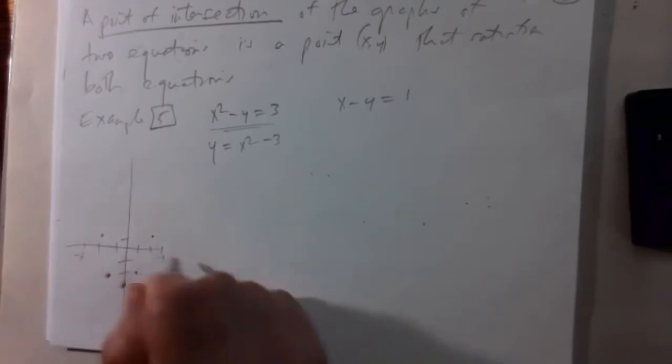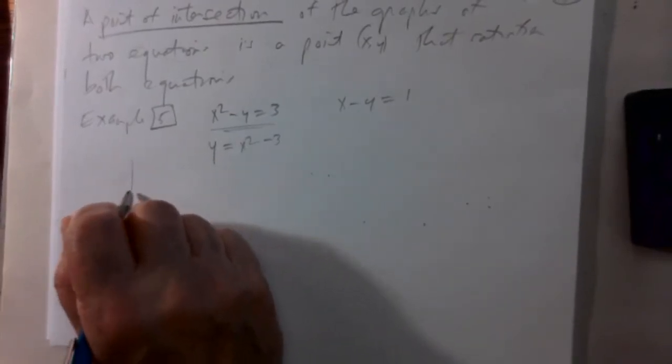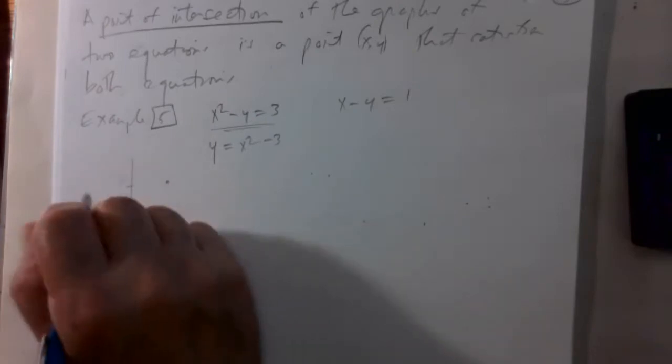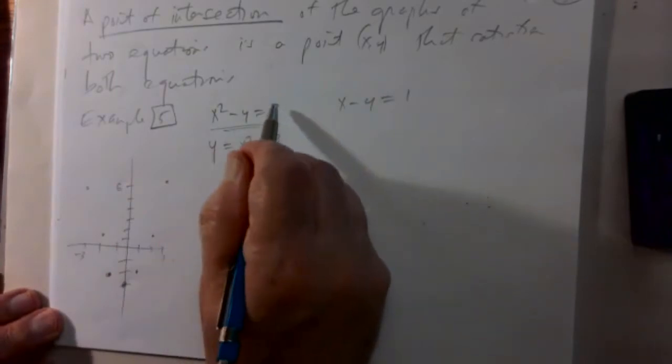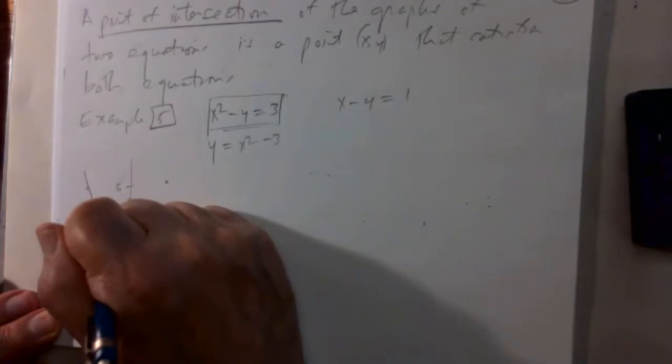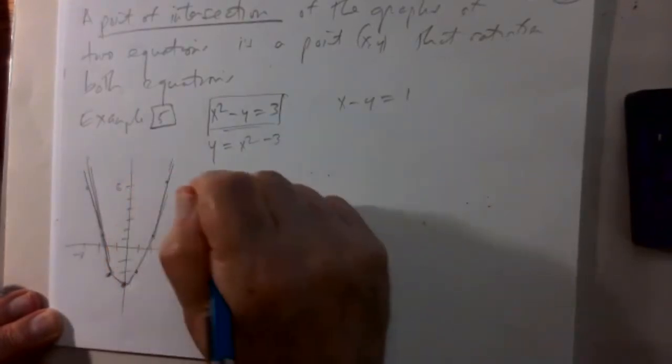When x is plus or minus 3, 9 minus 3 is 6. So this equation has a graph which looks like this. That parabola.